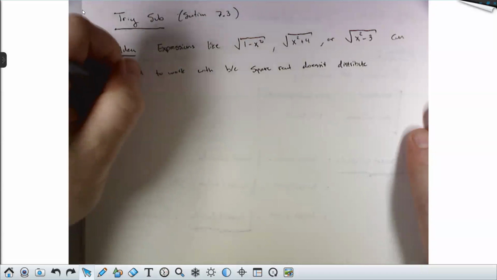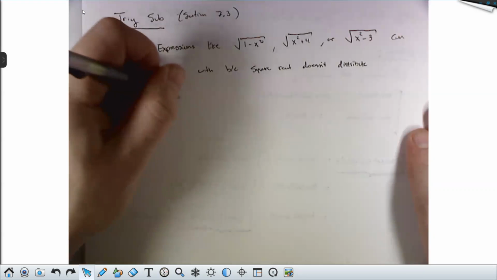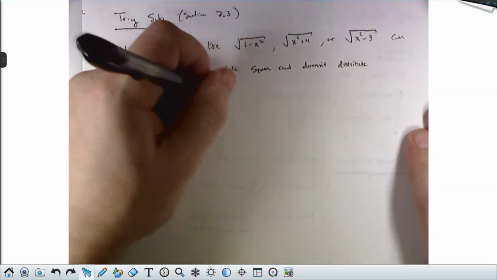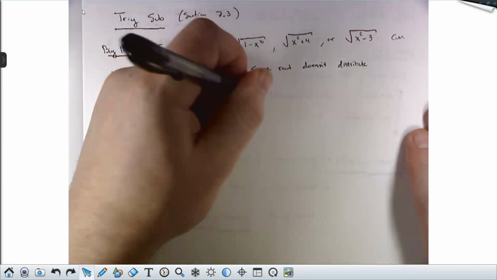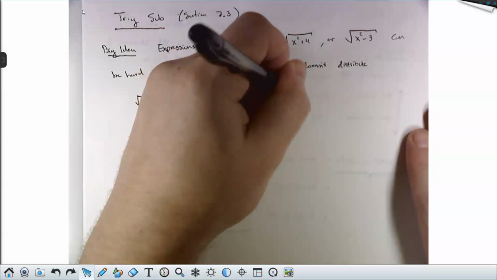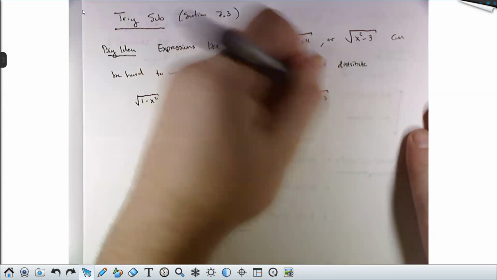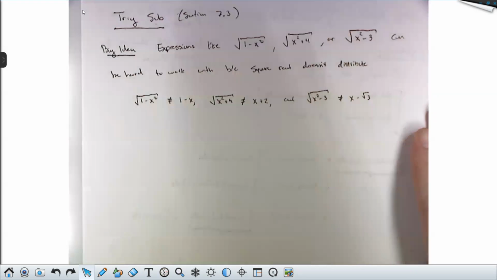Like the square root of 1 minus x squared is not 1 minus x. The square root of x squared plus 4 is not x plus 2. And the square root of x squared minus 3 is not x minus root 3 or anything like that.